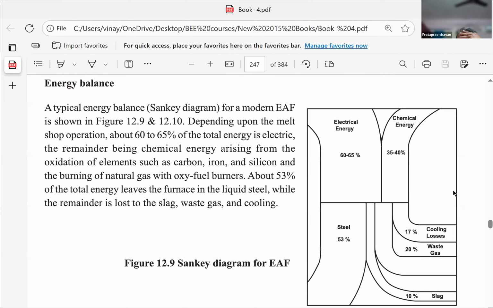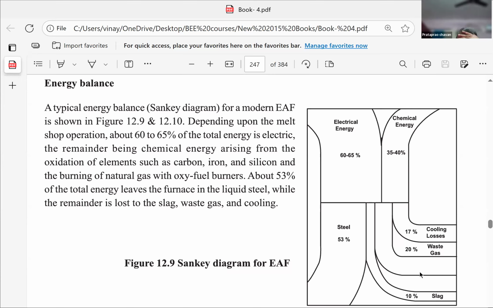Now, if you know this area, you will have to concentrate on reduction of the losses. Cooling losses: can we recover the heat going to the cooling water? Can we recover the heat going to the waste gases? And can we recover the 10% that is carried away by the slag? See, slag ultimately you have to cool down before it is marketed. So what are the recovery methods for this 10%?